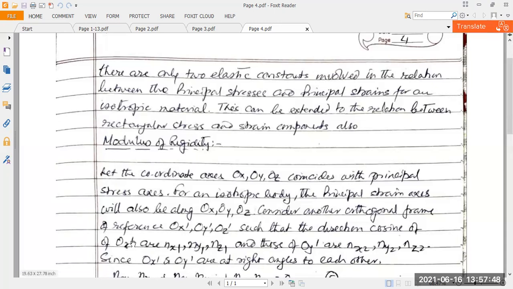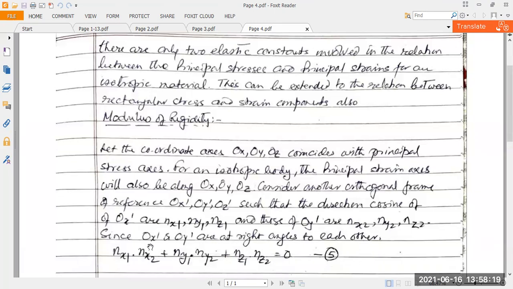Direction cosine means the cosine of the angle separating OX dash from OX, OY, OZ. Similarly, for OY dash the direction cosines are nx2, ny2, nz2. OX dash and OY dash are supposed to be at right angles to each other. The same is the case with OZ dash.